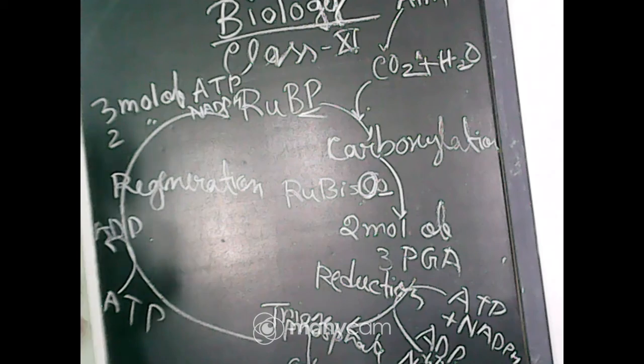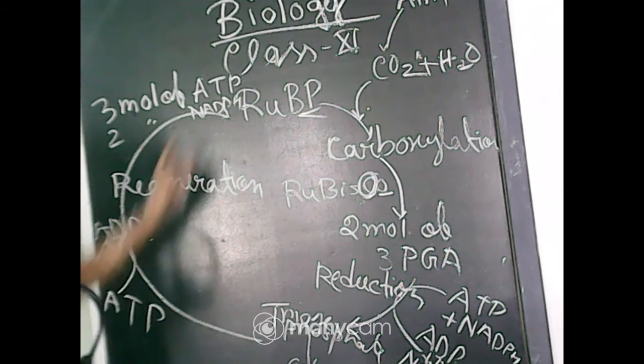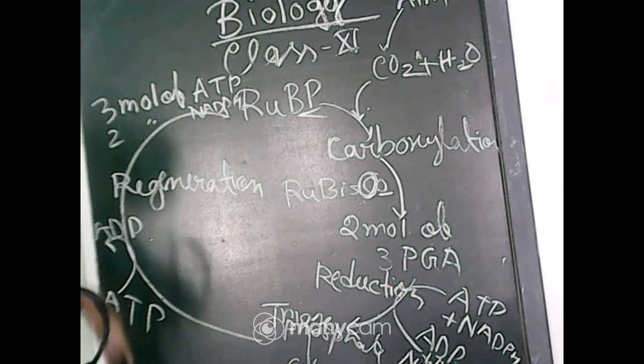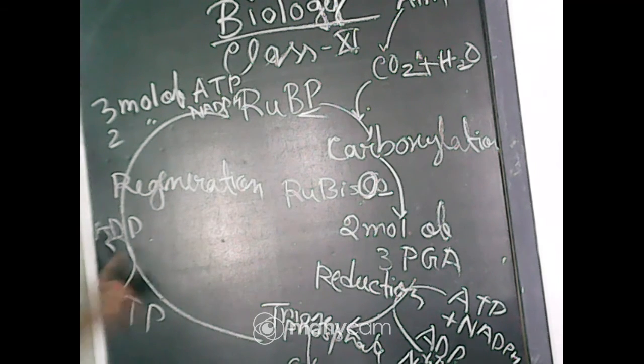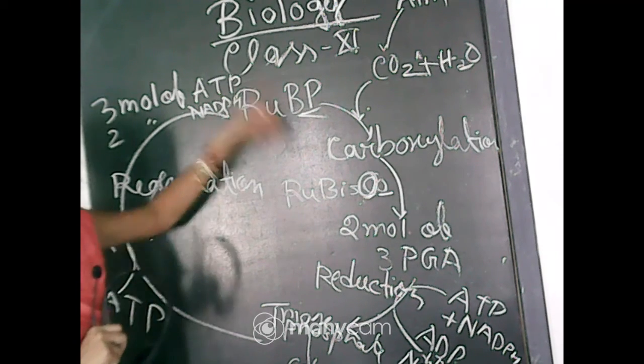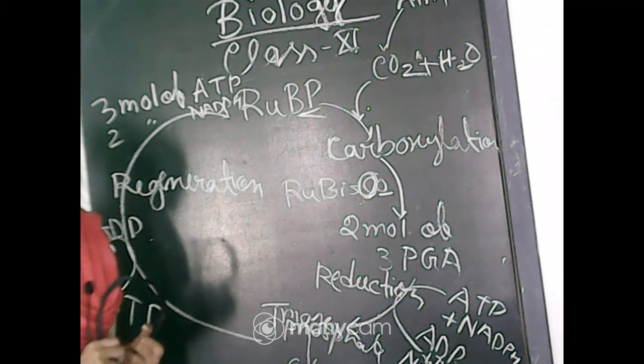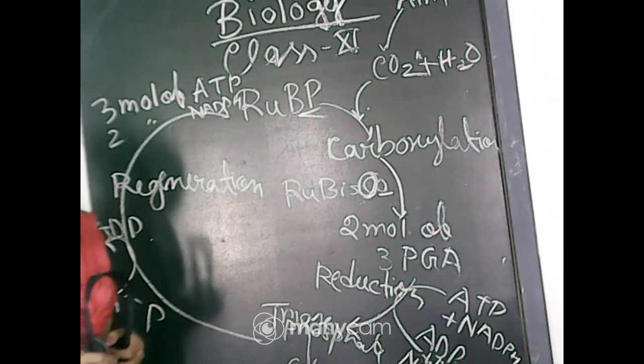To make 1 molecule of glucose, 6 turns of the cycle are required.